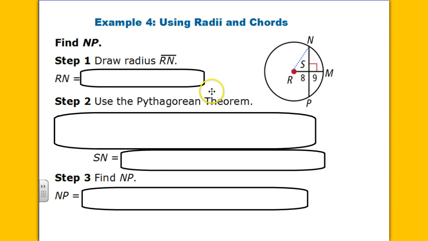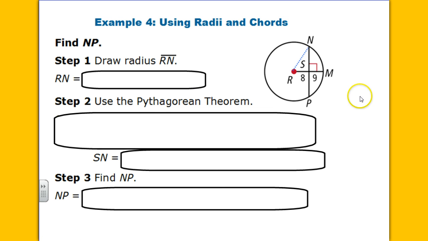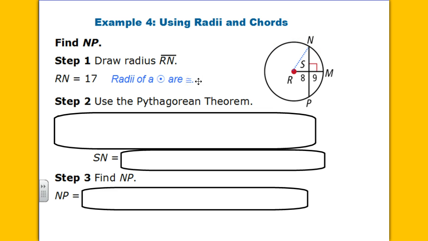So can you find RM? Well, we just said that RM, a radius of the circle R, is 17. RN is also a radius. So what must its length be? 17.